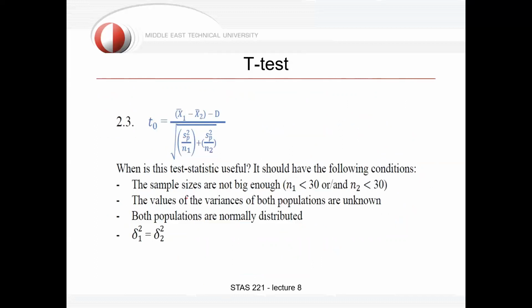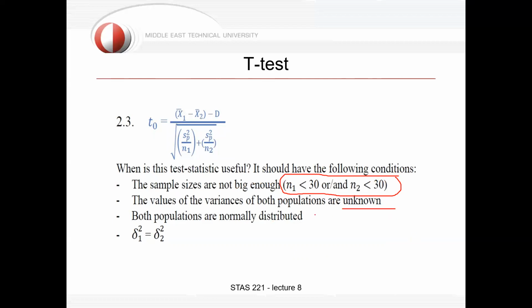What about the t-test for two populations? When can we use that? When the sample sizes are not big enough, either one of them or both of them at the same time. The values of the variances of both populations are unknown. Okay, another problem here.